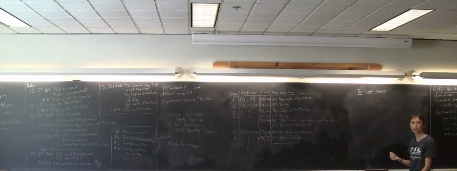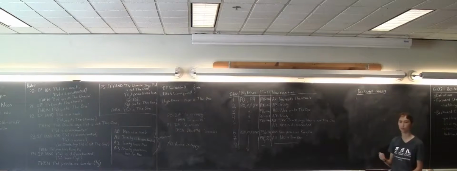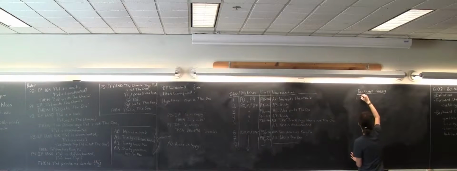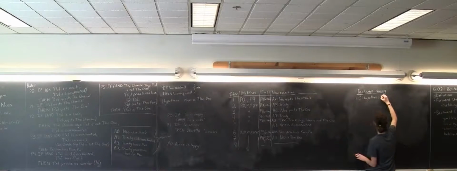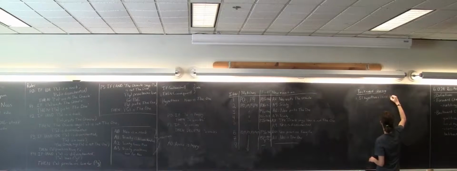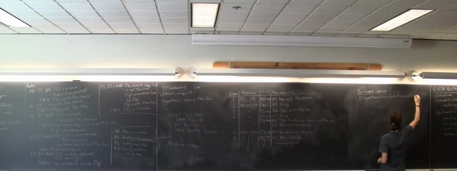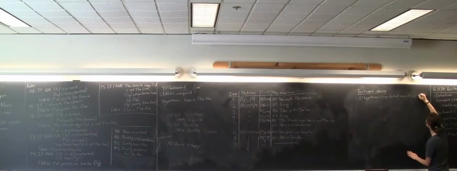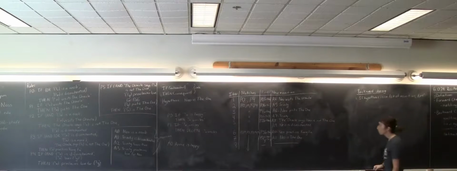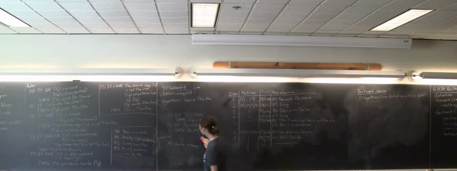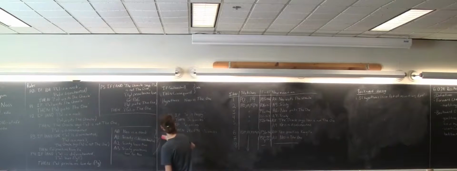Check whether our hypothesis is in our list of assertions, because if it is, then we're done and that's easy. We have our hypothesis, Neo is the one.